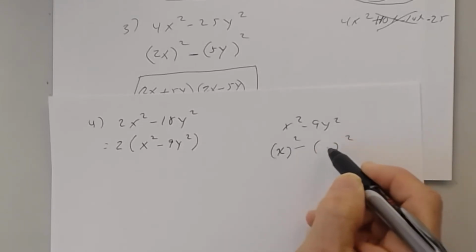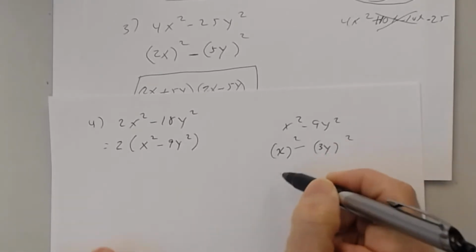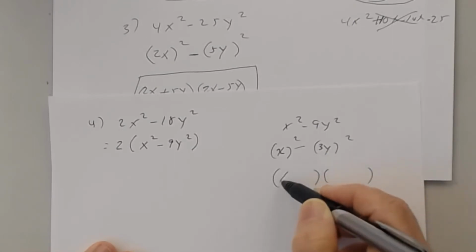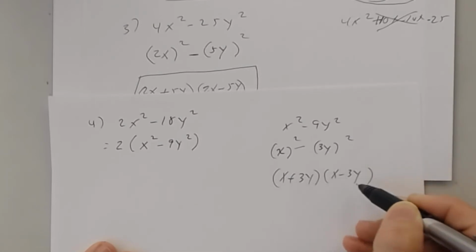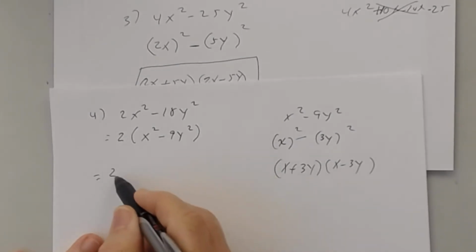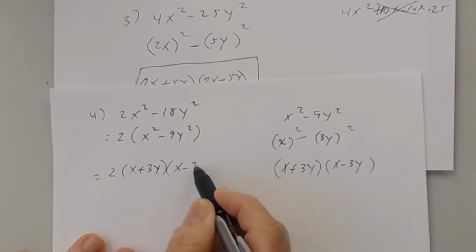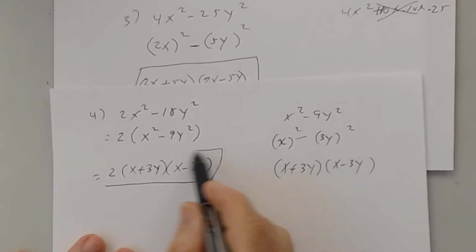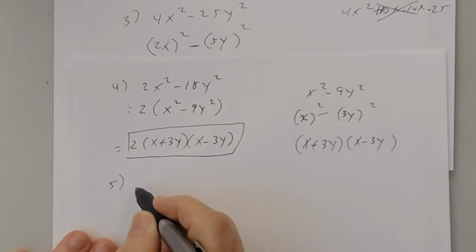X. What goes inside this one? 3y. So it is x plus 3y, x minus 3y. And so therefore, what's the answer to the original problem? 2 times x plus 3y times x minus 3y. Okay? Difference of two squares is a fairly easy idea for students.